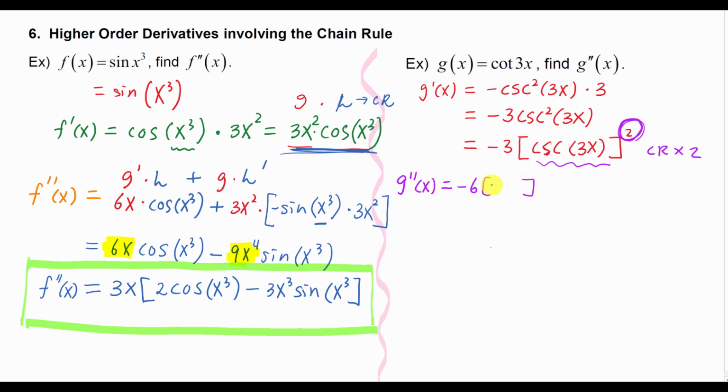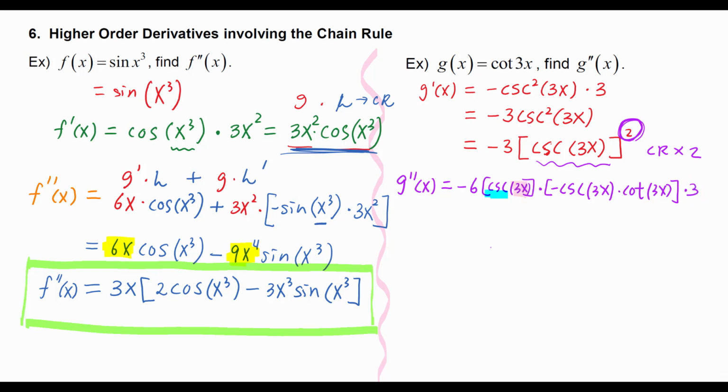And my inner function is cosecant of 3x times, now I need to take the derivative of the middle function, which is a cosecant function. And derivative of cosecant function is negative of cosecant of input, cotangent of input. And I still need to multiply by the derivative of the most inside function, which is 3x, and derivative of 3x is 3.